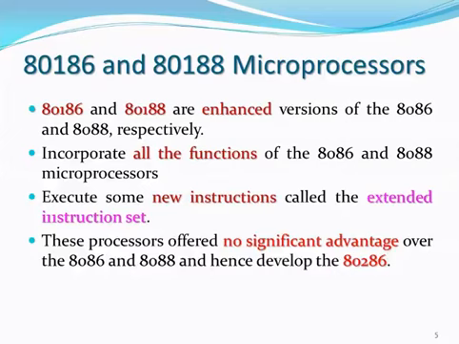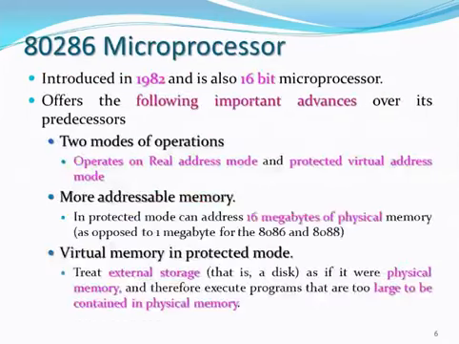What is the difference actually between the 86 and 88, and how the 186 and 188 are different from the previous family members like 86 and 88. Okay, now look at this 80286. In which year did we get this one? 1982.